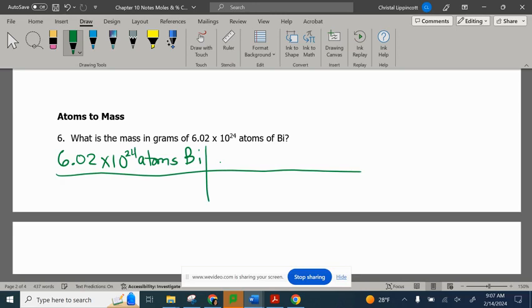All right. I want to get rid of what? Atoms. I'm going to take that into what? Moles. And I know for every 1 mole, I have how many atoms?